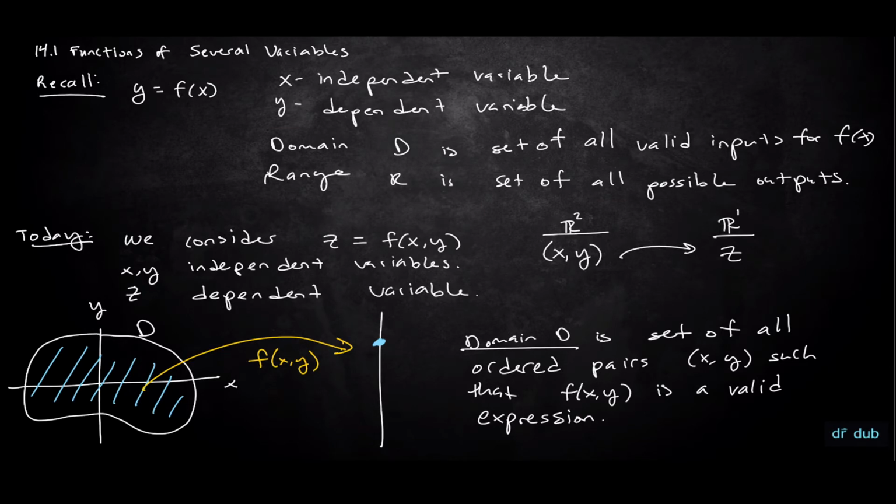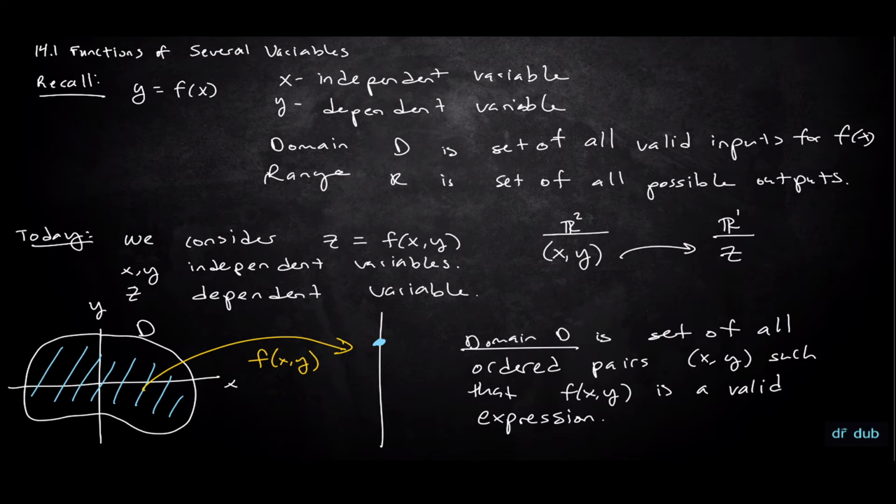So that's what domain means now. It's pretty much the same thing: the function has to be defined. So it's the normal stuff. Even radicals need to be non-negative. Natural log or log functions need to be positive. We just have to avoid those scenarios, but it's pretty much the same idea.